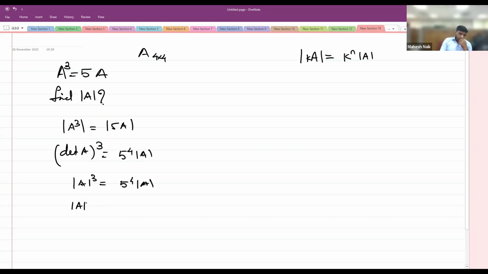That gives us determinant of A whole cube minus determinant of A equal to 5 power 4. And so we can have determinant of A common. Which implies the determinant will be either equal to 0 or, I'm sorry. One second, what I did from here.